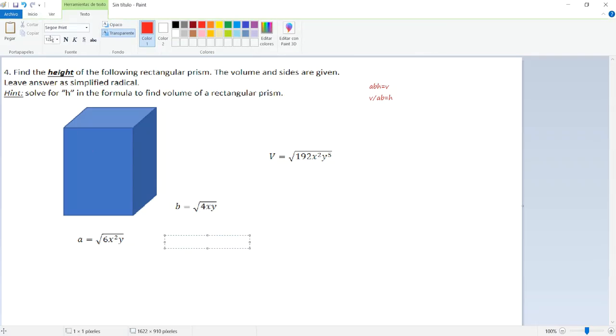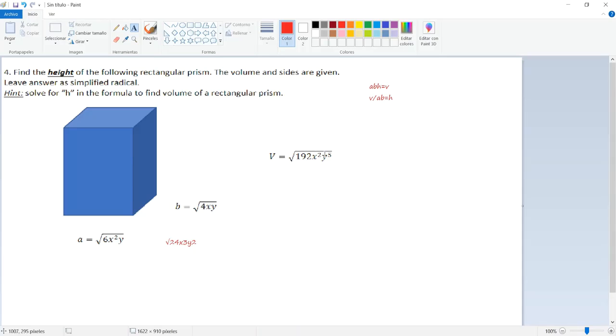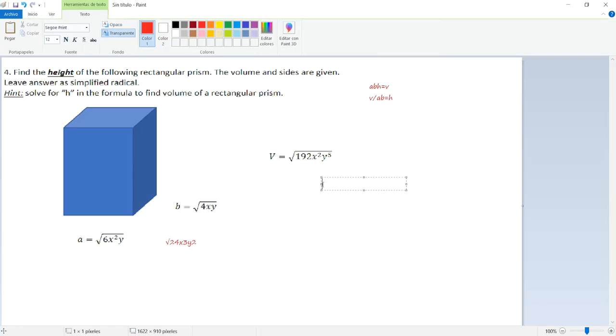So we have it like this, and first of all, we put the root, 6 times 4, 24. x² times x is the same as x³, and y times y is y², y squared. So we have this result. Then we need to divide 192 by 24.